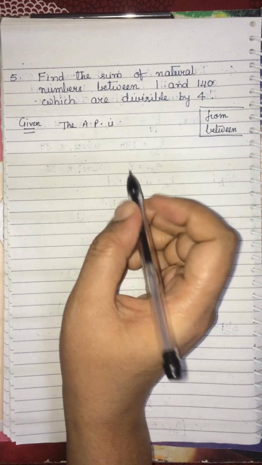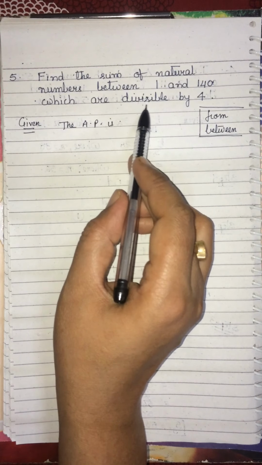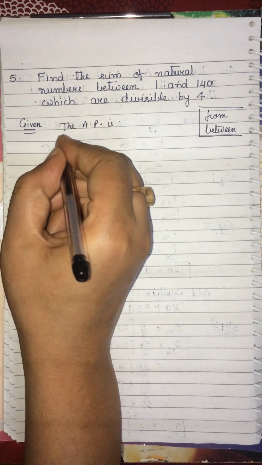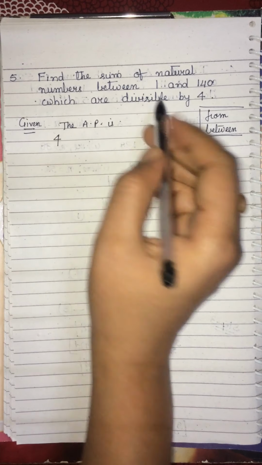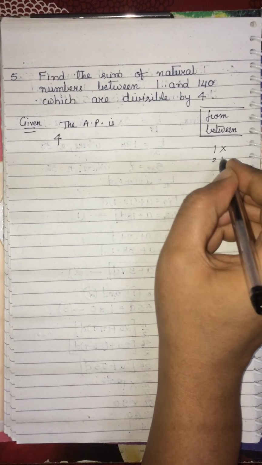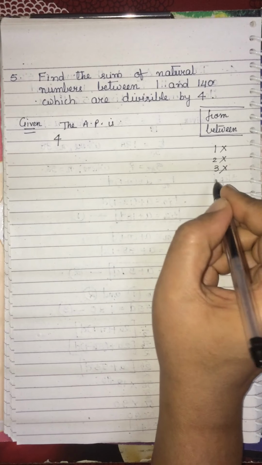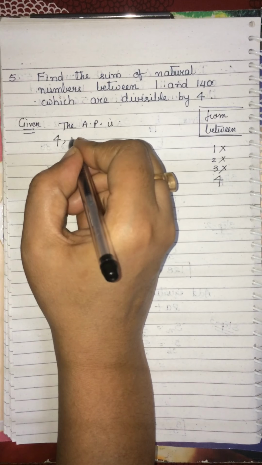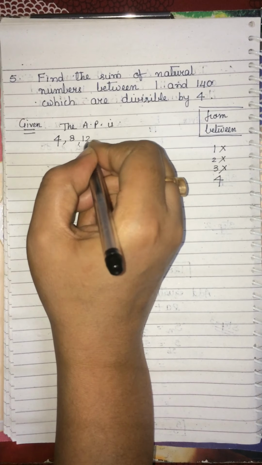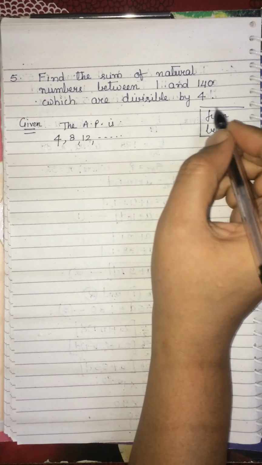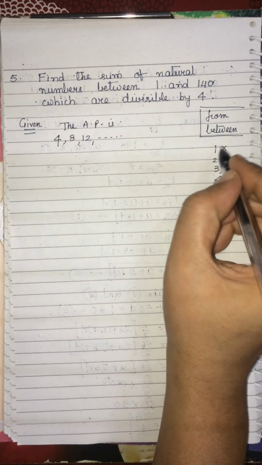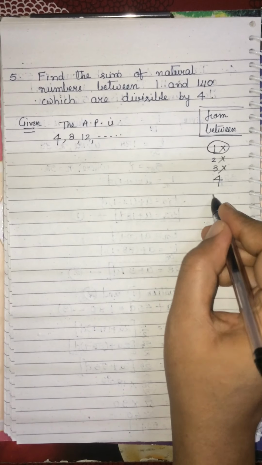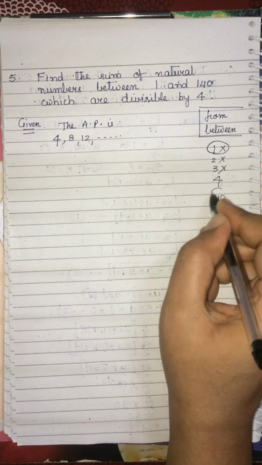The number should be divisible by 4, means you have to start the table of 4. 1, 2 and 3 are not divisible by 4, so we will start with 4. Table of 4: 4 2s are 8, 4 3s are 12, and so on. Here, since it is said between, we will not consider 1 at all. In the same manner, we will not consider 140.